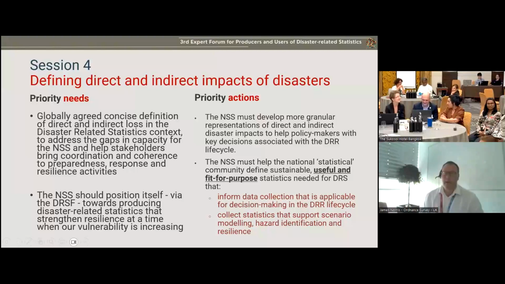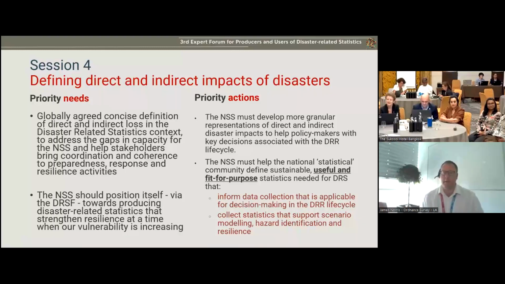Thank you very much. Some of the key areas we talked about, as was just reflected, was the need for concise definitions. In our case, we were specifically talking about the definitions of direct and indirect losses and how that relates to disaster-related statistics.